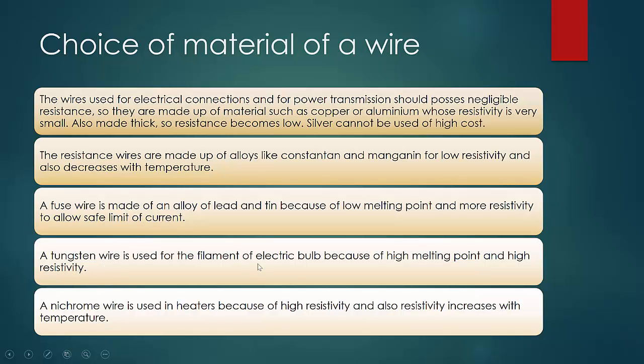Tungsten wire is used in the filament of a bulb because of high melting point and high resistivity. Nichrome wire is used in heaters, toasters, any cooking hob because of high resistivity, and also resistivity increases with temperature. So according to the purpose we need to choose the material of a wire.